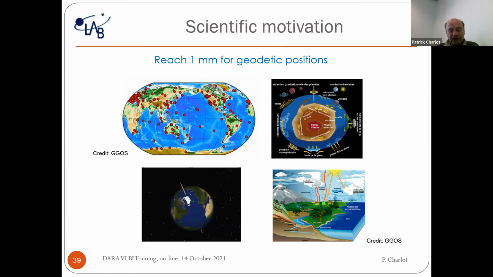And the reason is that if you go to the 1 millimeter level, then you have access to a number of geophysical effects in connection with global changes, because small variations of the position of the site due to pressure, humidity, winds and oceanic currents have an impact on the position of the site at this level.